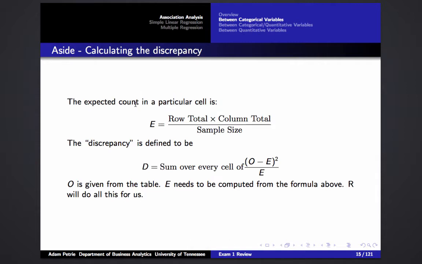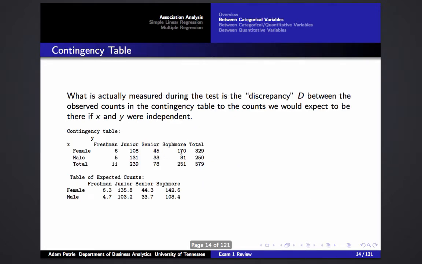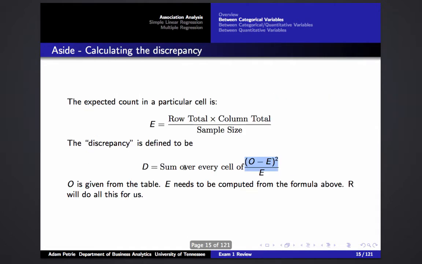We're not going to worry too much about that, but what we end up measuring is the discrepancy between those observed and expected counts. Basically, for every single cell in that contingency table, we look at the squared difference between the observed value and the expected value, divided by the expected value. And so our value of D gives us an overall measure of the discrepancy between the data that we've observed and the data we would have expected to have collected had there been no association going on.